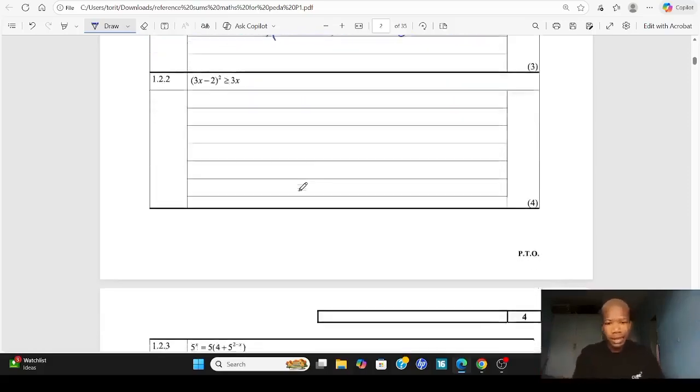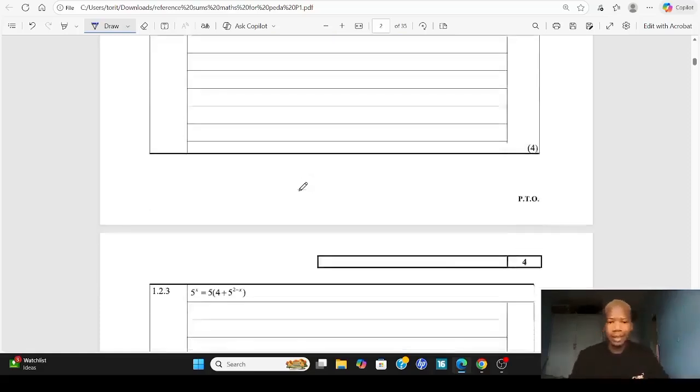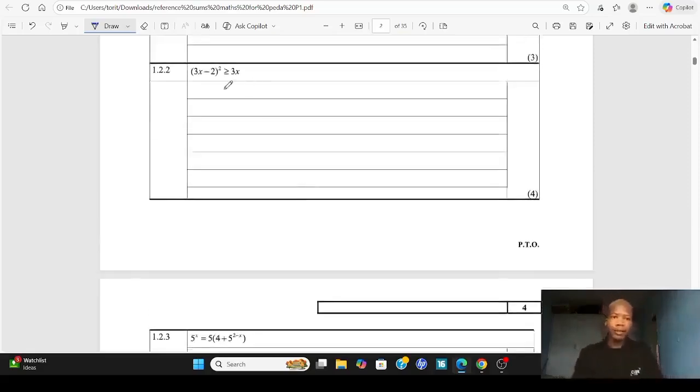Then here's another question that says you must solve for x. So we have to break this down and factorize it. It's (3x minus 2) squared is equal to or greater than 3x.